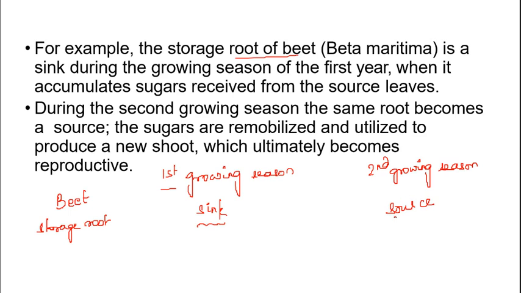The same root will remobilize the sugar present in it, and all the sugar stored in the sink in the second growing season will be used to produce a new shoot. So in the second growing season, the beet's storage root will serve as a source where all the sugar present will be mobilized, and it will help in the emergence of the new shoot. So sometimes a sink can also serve as the source. This is what we need to know.